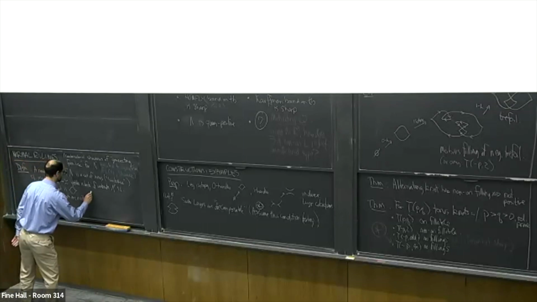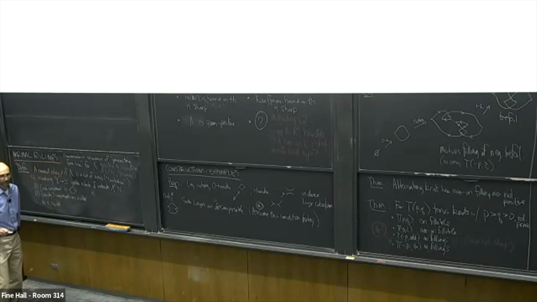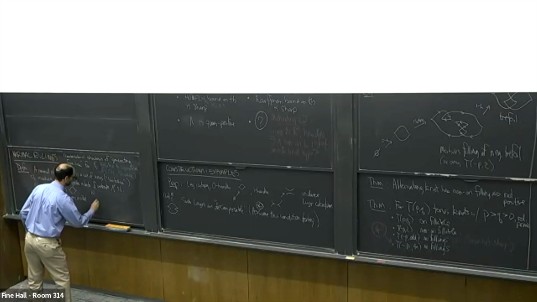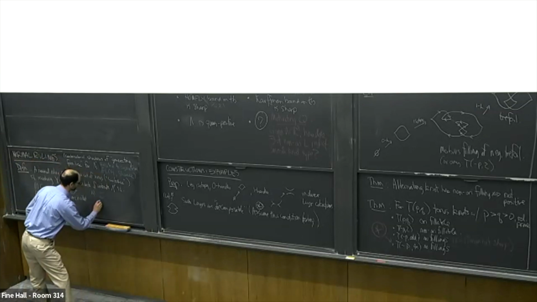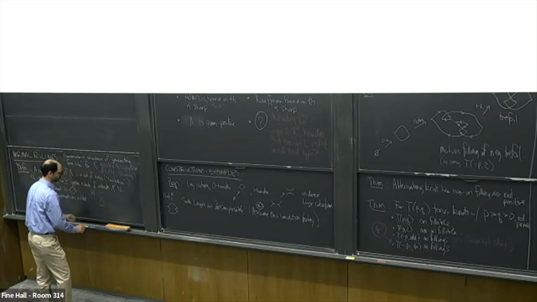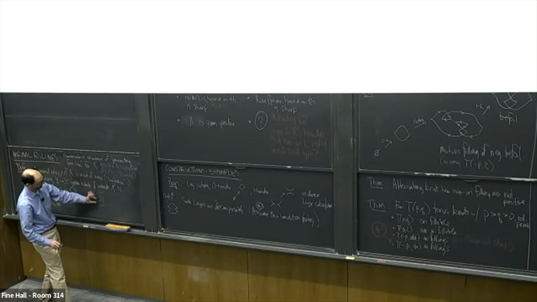And thirdly, you can imagine that around a switch the components can have different configurations. They can look like this, so that they're disjoint here.